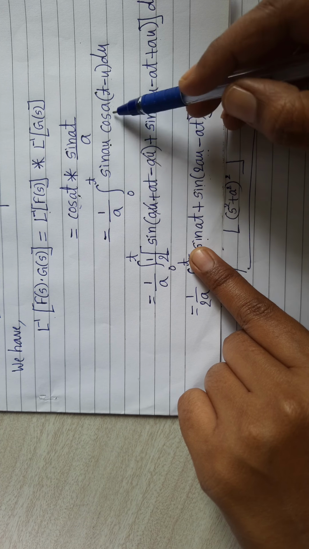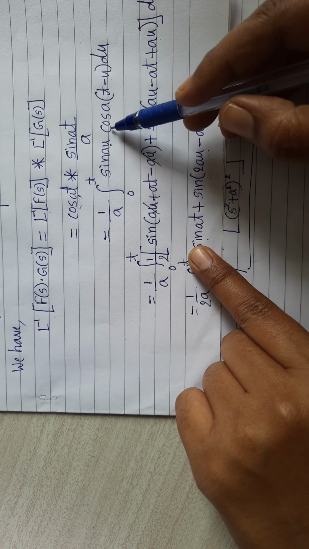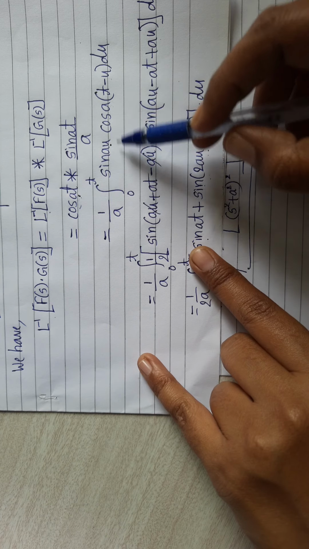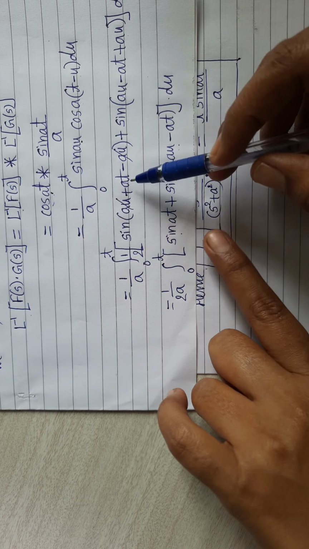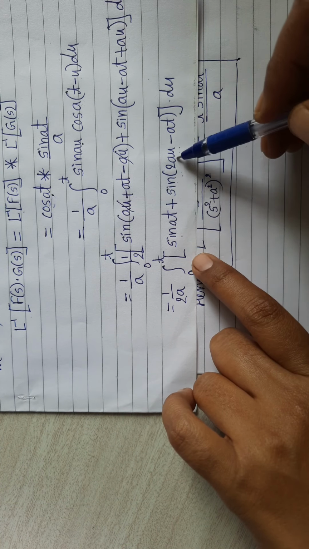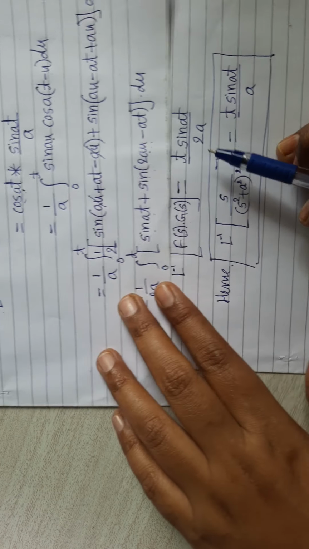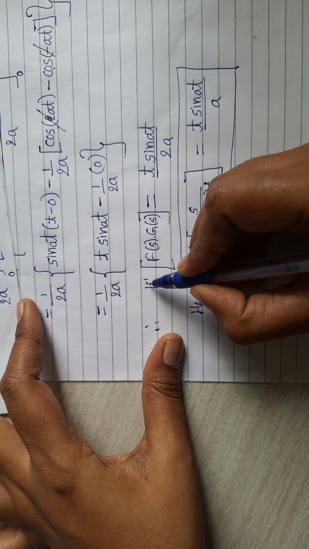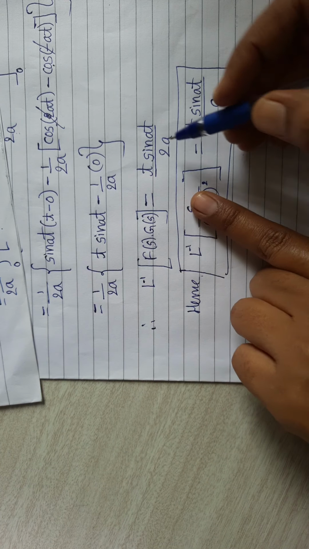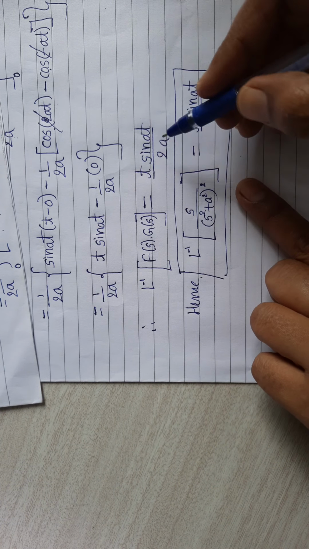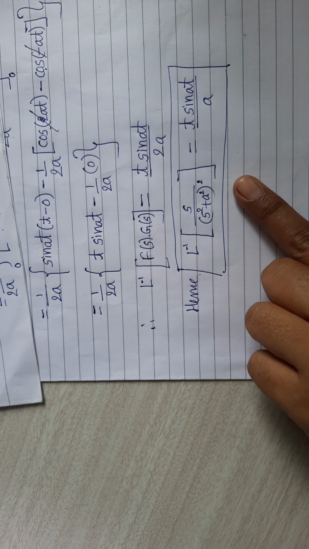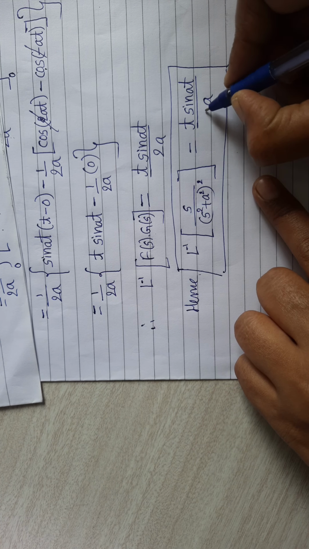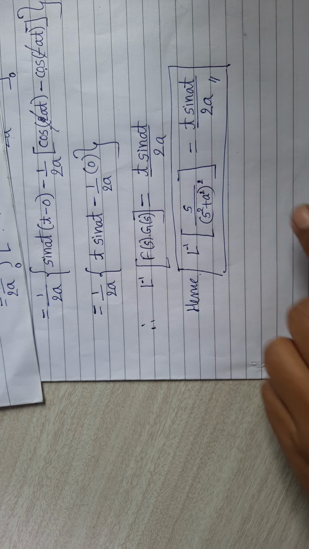Since the product is there and both are sin and cos, we can apply the standard transformation formula for trigonometry, then apply the integration for each term, substitute upper limit and lower limit, and simplify as much as possible. So here only one term is left, that is T sin AT divided by 2A. Sorry, it is 2A. This is the answer.